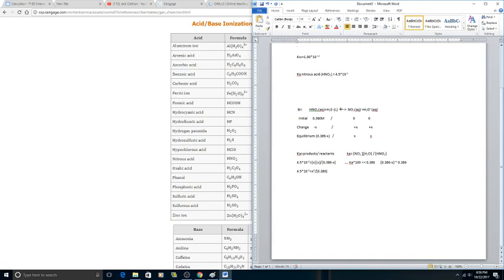So I'm just using my calculator. 4.5 times 10 to the negative 4 times 0.386 is equal to 1.737 times 10 to the negative 4.